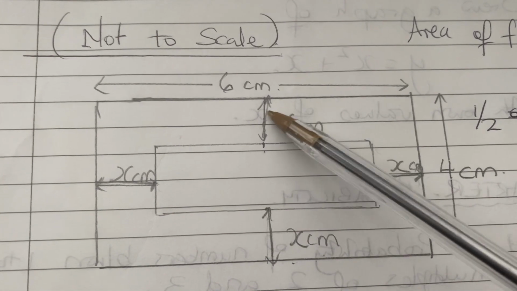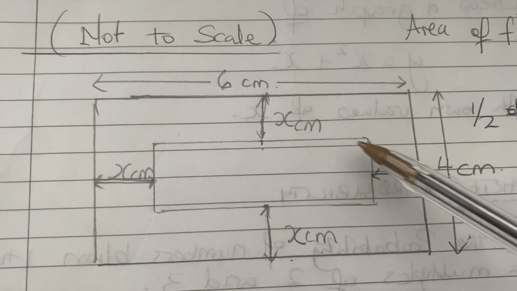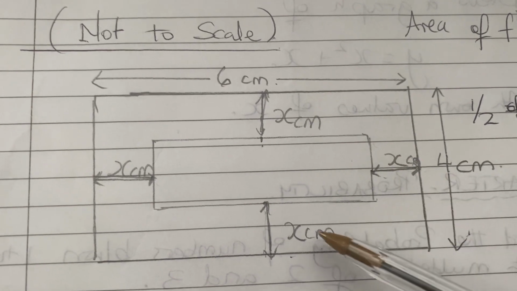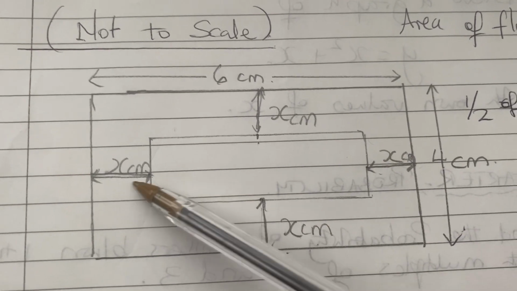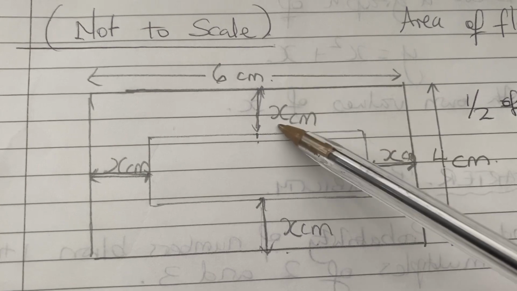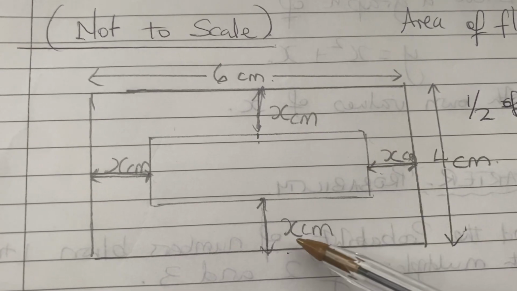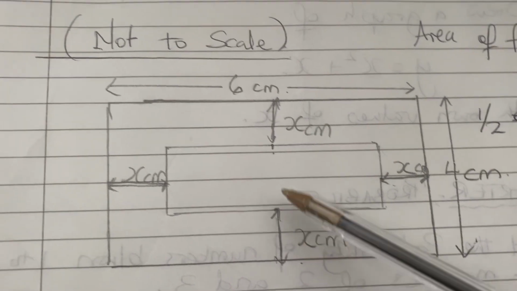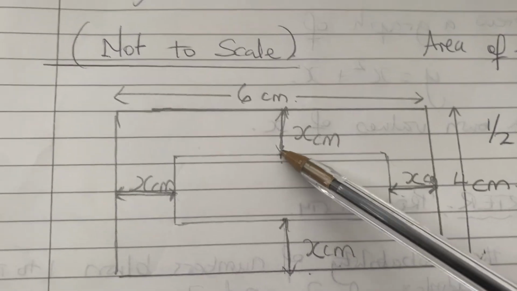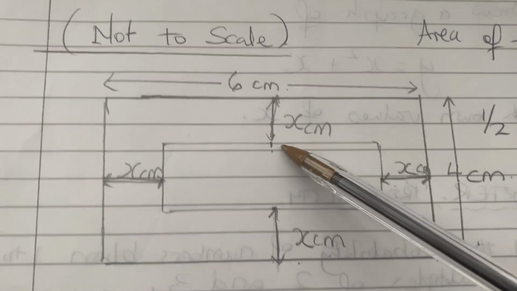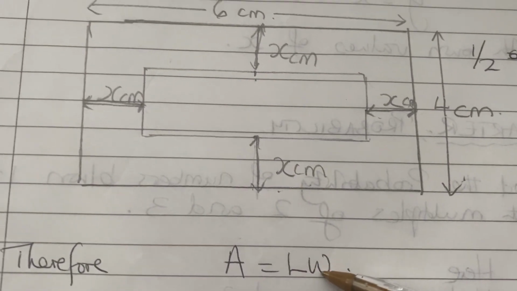It has the same distance from the edge of the room, so I put x for the same distance. Now, area is length times width.